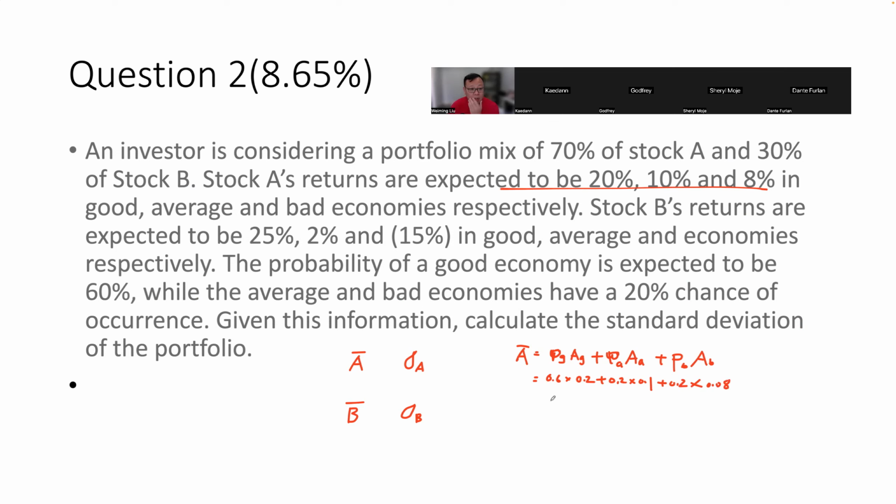When I'm calculating this, this would be 0.12 plus 0.02 plus 0.016, I think. This gives me 0.156, so that is A. Yeah, that's correct.